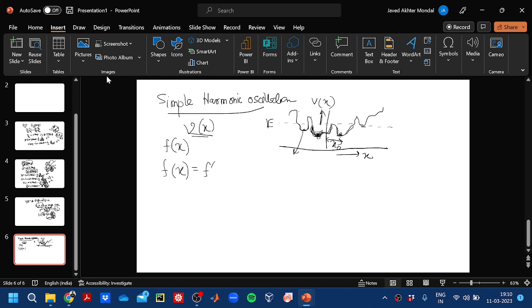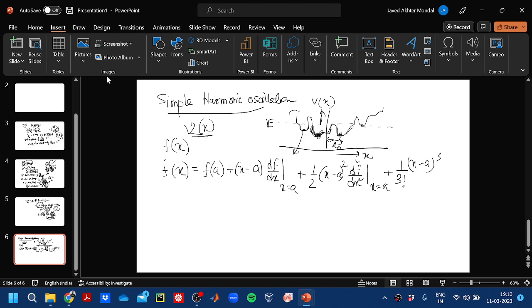It will be f(a) plus (x minus a) times the derivative of f with respect to x evaluated at x equal to a, plus one half (x minus a) squared times d2f/dx2 evaluated at x equal to a, and in this way we go on. Then (x minus a) cubed times d3f/dx3 at x equal to a.